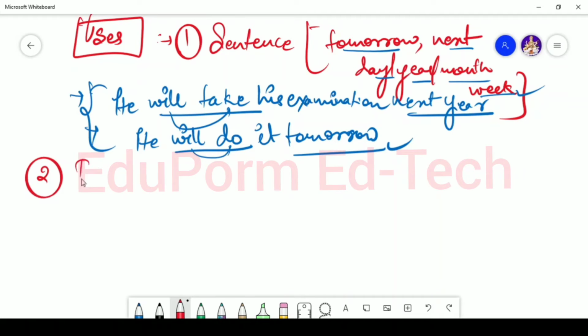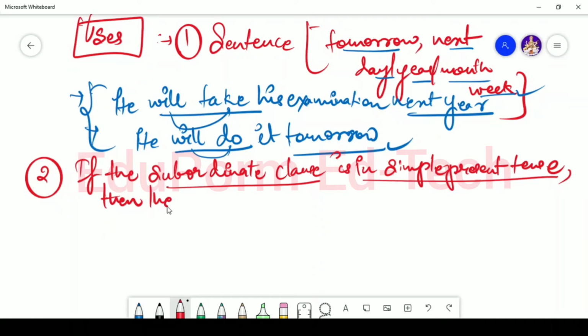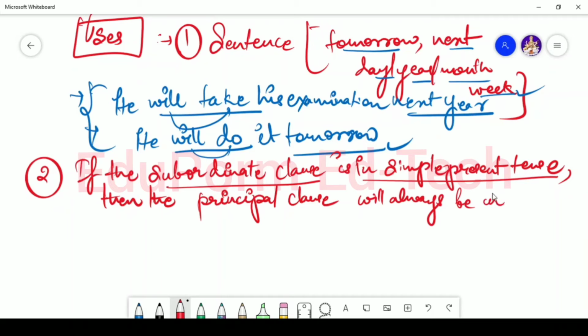Okay, let's talk about the second use. The second use is if the subordinate clause is in simple present tense. Pay attention over here. If the subordinate clause is in simple present tense, then the principal clause will always be in simple future tense.